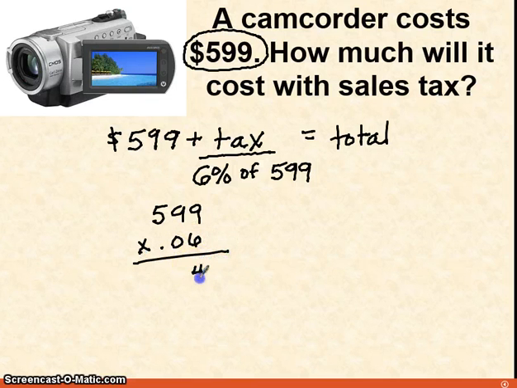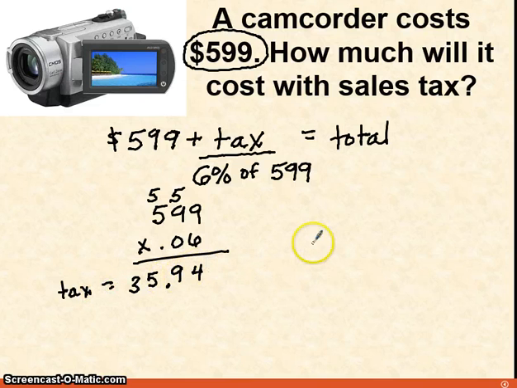6 times 9 is 54. 6 times 9 is 54, and 5 more makes 59. 6 times 5 makes 30, and 5 more makes 35. 2 decimal places. So our tax amount is $35.94.